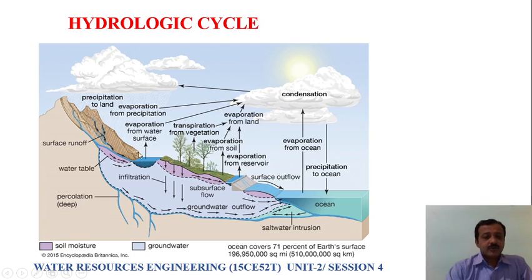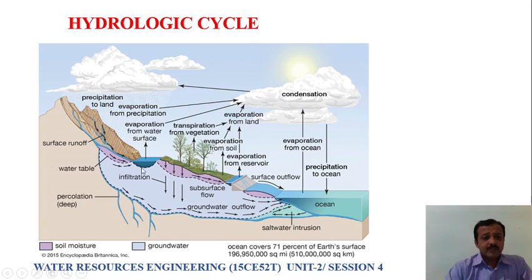These are called impoundments. The remaining part of the water starts flowing over the land, and some part is also intercepted by plants. The plant leaves intercept it, and this is called interception loss.